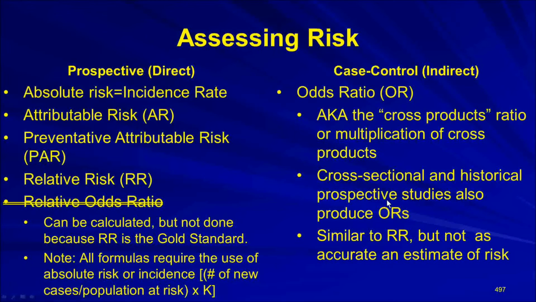Cross-sectional and historical prospective studies also use an odds ratio, and an odds ratio is similar to relative risk, but it's not as accurate an estimate of risk, but it's the only calculation that can be made from an indirect measure of risk.